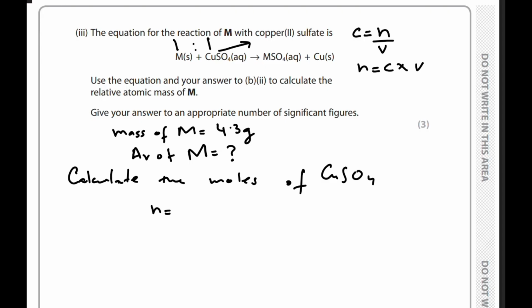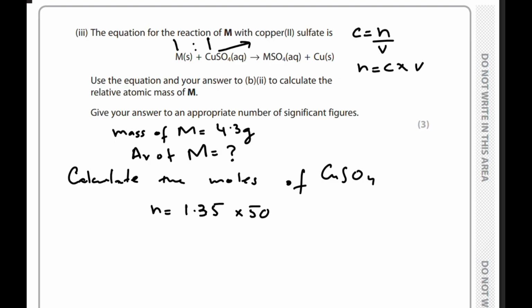The concentration of copper sulfate is given in the question, it's 1.35, and the volume is 50 cm³.